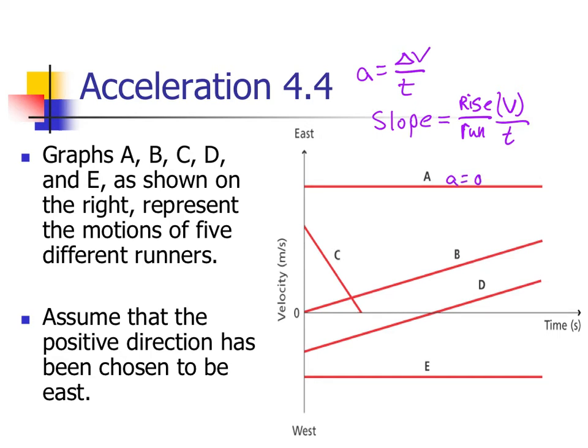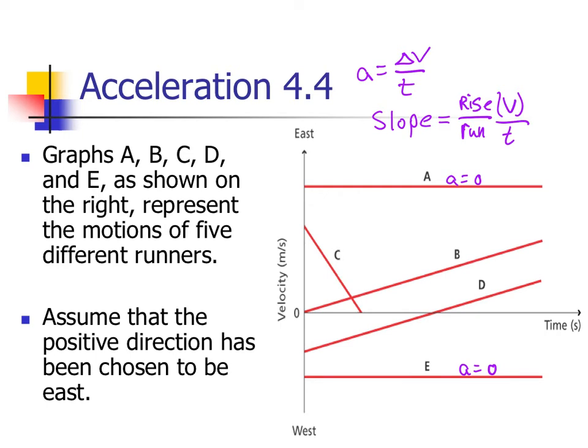No acceleration. And that also means there is no acceleration for line E, because the slope of that line is just constantly at that rate.